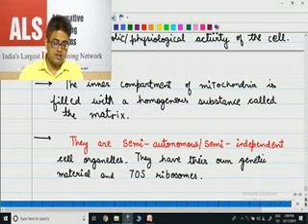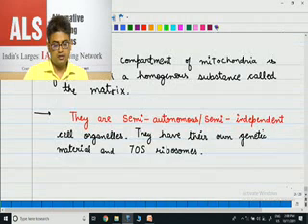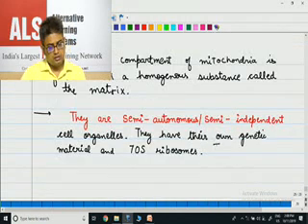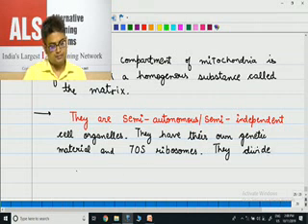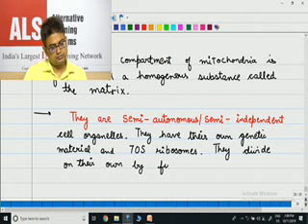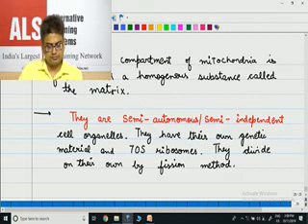But in this case, because these are semi-independent, they divide on their own by fission. They do not need the nucleus to help them divide. They divide on their own by fission method.